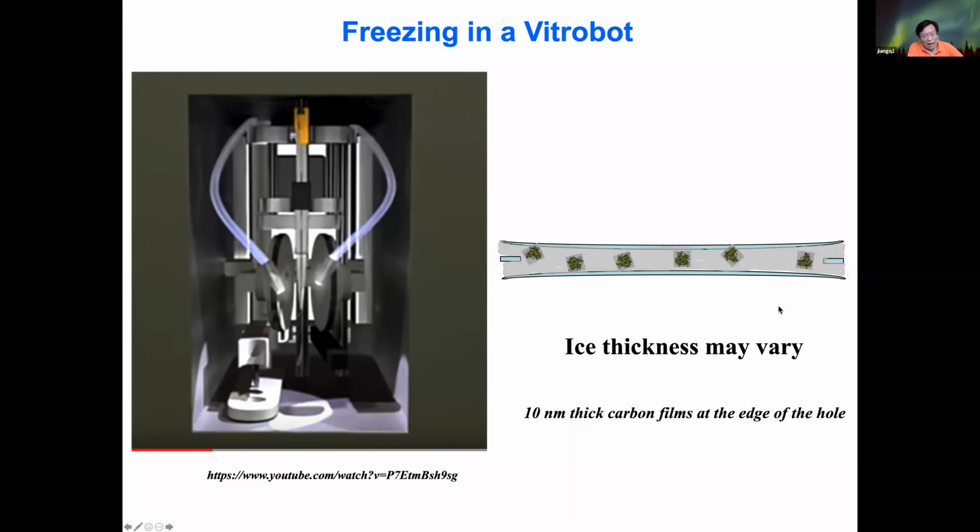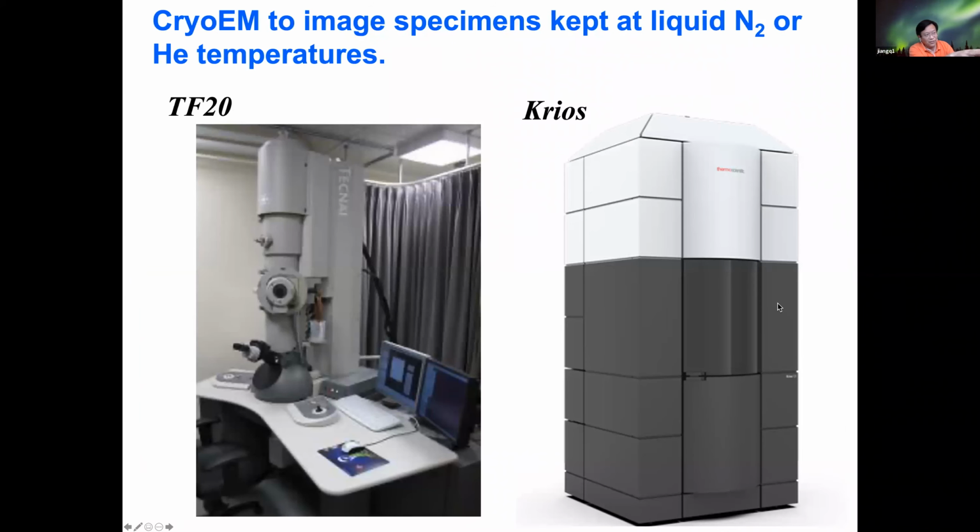This allows the preservation of the specimens at liquid nitrogen temperature, and the atomic resolution information of the protein is retained. In these slides, I'm showing you two versions of the Cryo-EM. Cryo-EM is different from the regular transmission electron microscope in that we keep the specimen, which we already flash froze, at liquid nitrogen temperature and transfer it into the microscope.